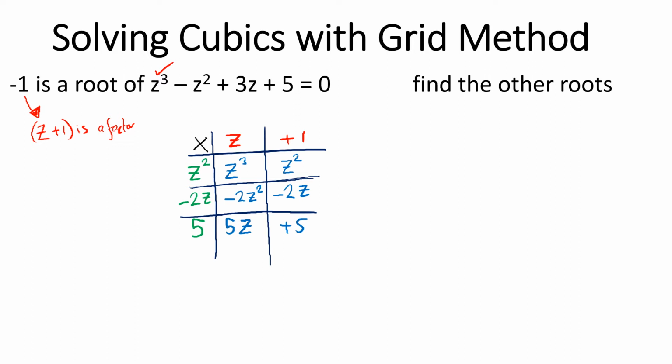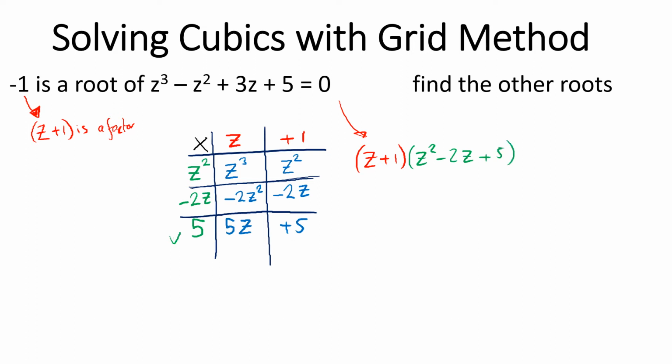Because that is plus 5 and that was plus 5, we're actually sorted, and so we have divided the cubic. So what we can say is that this is the same as z plus 1, and then look down the left hand side of our equation, times z squared minus 2z plus 5.